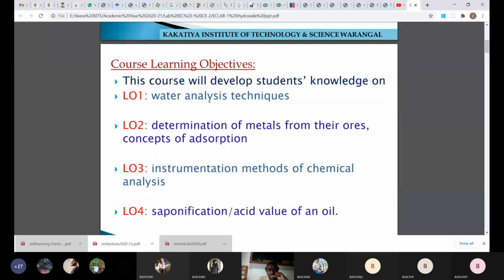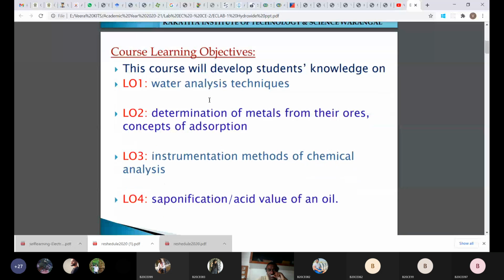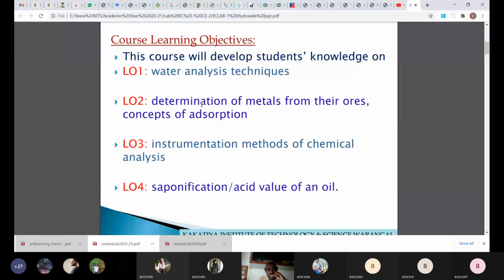So this is the learning objective after completing the lab course. So after completing the lab, you should be able to deal with the water analysis techniques. So you should be able to determine the water hardness and the softness of waters, and we will be able to determine the quantity of metals present in the ores with the concept of adsorption.